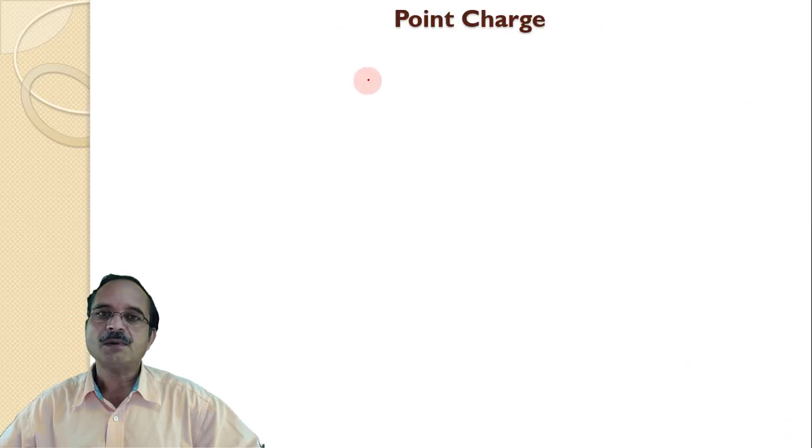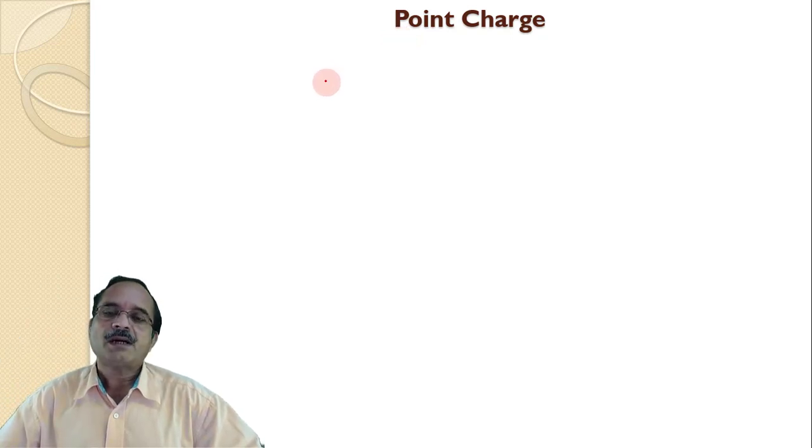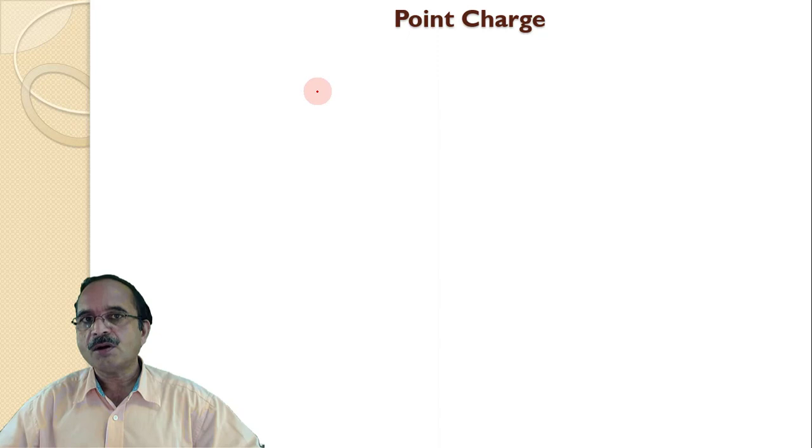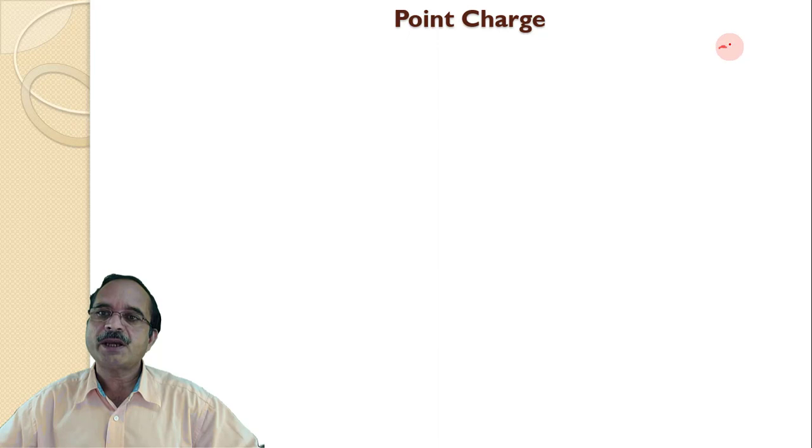Now let us assume an example of a point charge. Now there is some unknown point charge. We will apply Gauss law to find out this unknown point charge. So the very first step is to select some surface which encloses this point charge.